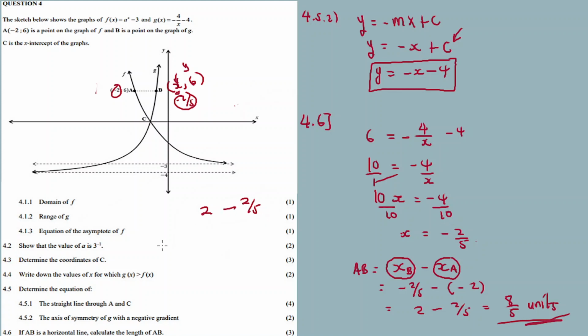But eventually we must subtract, right? Because the distance goes from here to here: the distance from here is xa, the distance from here is xb. So by subtracting, this gives us the distance of AB.